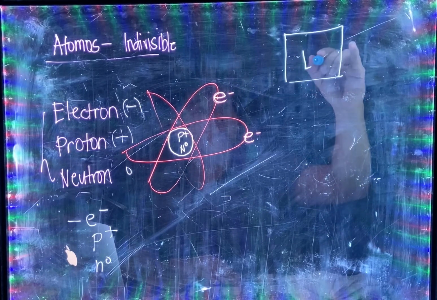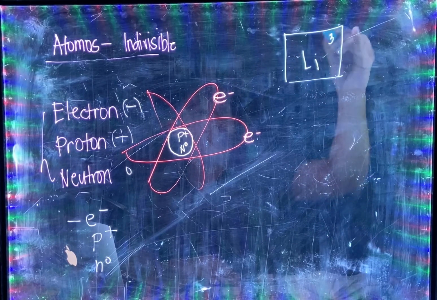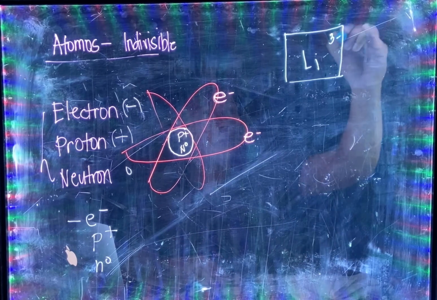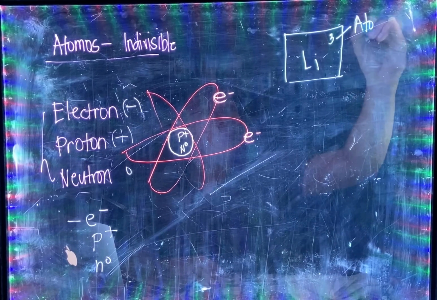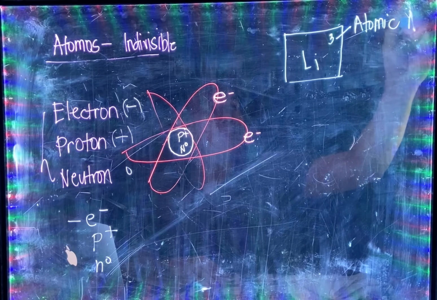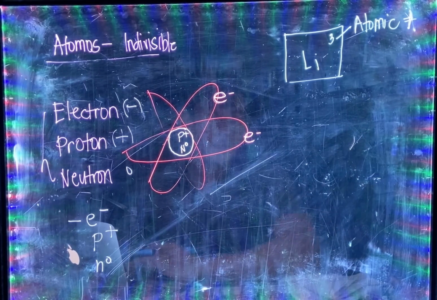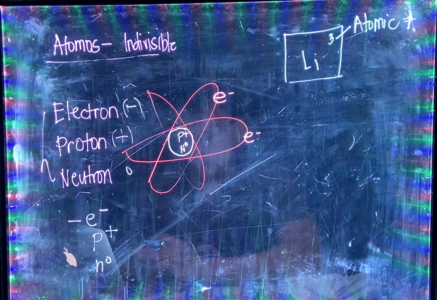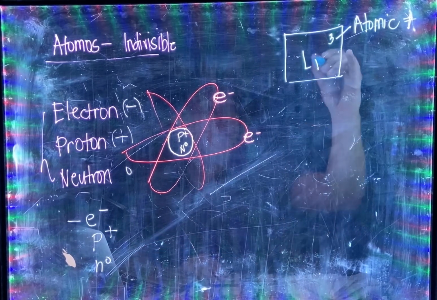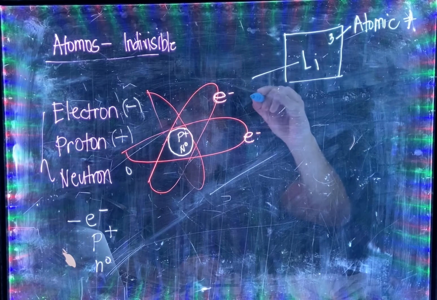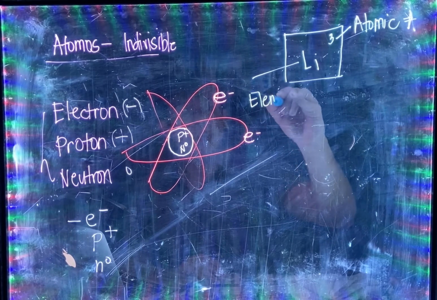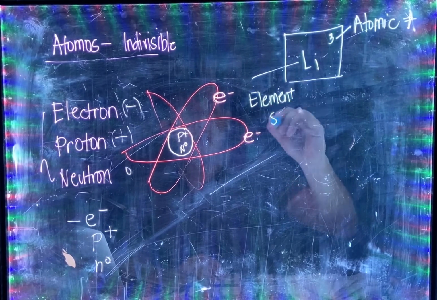Lithium in the periodic table is 3. This is what we call the atomic number. I would like to look for the atomic mass of lithium. And this is what we call the element symbol.